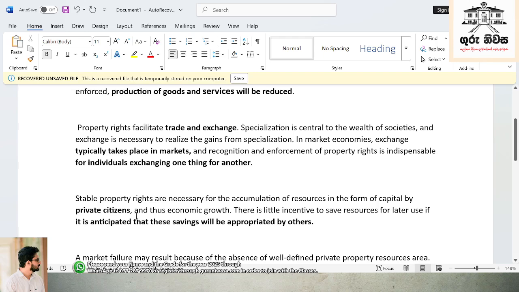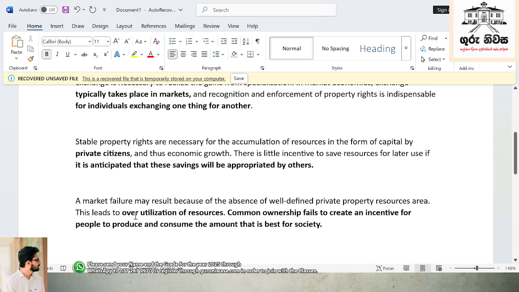Savings and investment are induced by private property ownership. Another main one is that we can reduce market failure, especially overutilization of natural resources, through proper property ownership. In a place where there is no specific property ownership, resources can be overutilized, because common ownership fails to create an incentive for people to produce or protect resources.